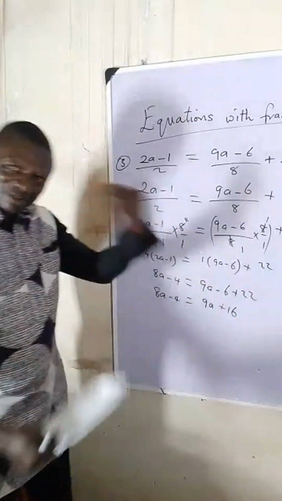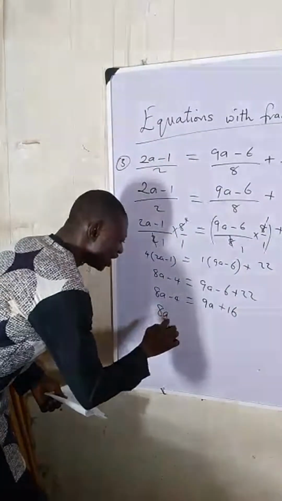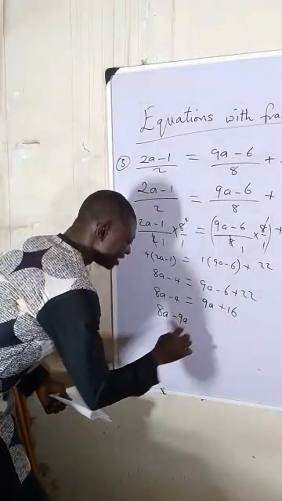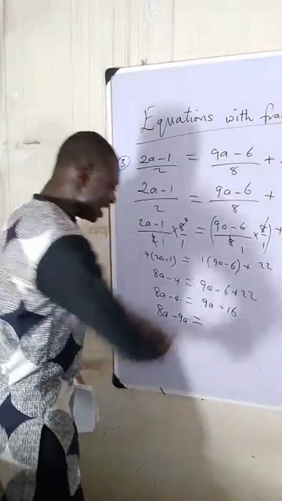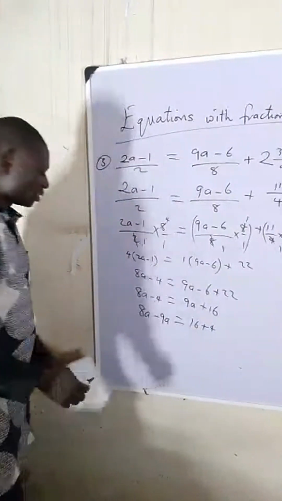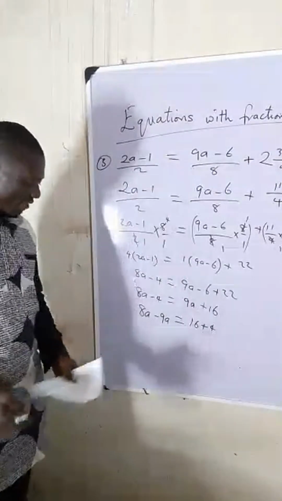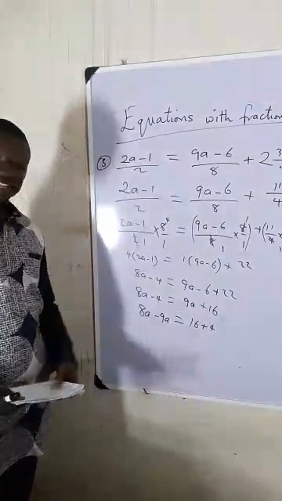Now we collect like terms across the equal to sign and have it as 8a minus 9a is equal to 16 plus 4. So what do we have here? 8a minus 9a will give us what?